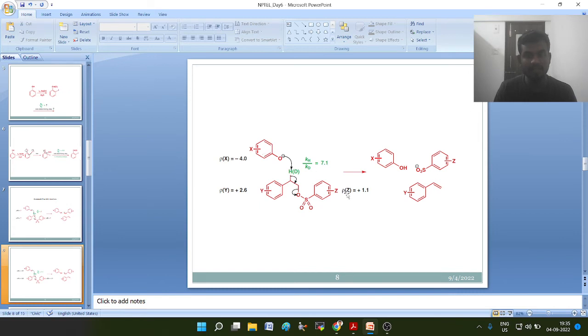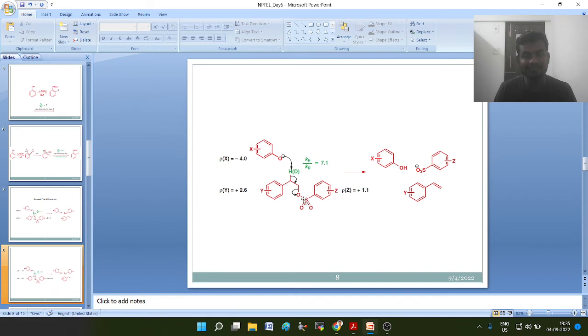Whereas, forget about the sign, in the Z substituent the negative charge which is forming here is not directly involved with the benzene ring, in terms of resonance. That minus charge you cannot delocalize to the benzene ring. The pi electron can come here and then it is conjugated with the sulfur.